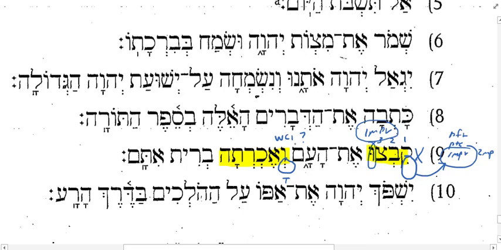Okay, those are just different terms that are used interchangeably. Vayiktol is just how it sounds when you're using katal as your paradigm verb. Vayiktol. Okay, he killed. Vayiktol.